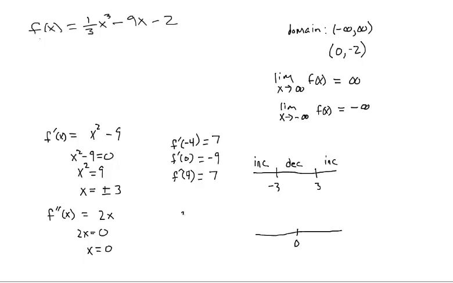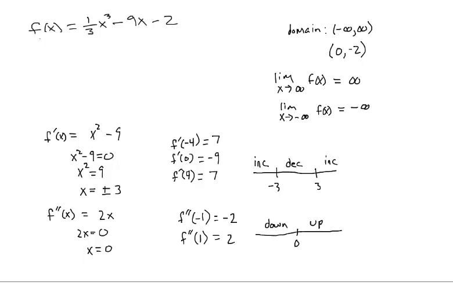And when we test f double prime of -1 and f double prime of 1, when we put -1 in, we get -2. And when we put 1 in, we get +2. So we're concave down left of 0, and we're concave up right of 0.